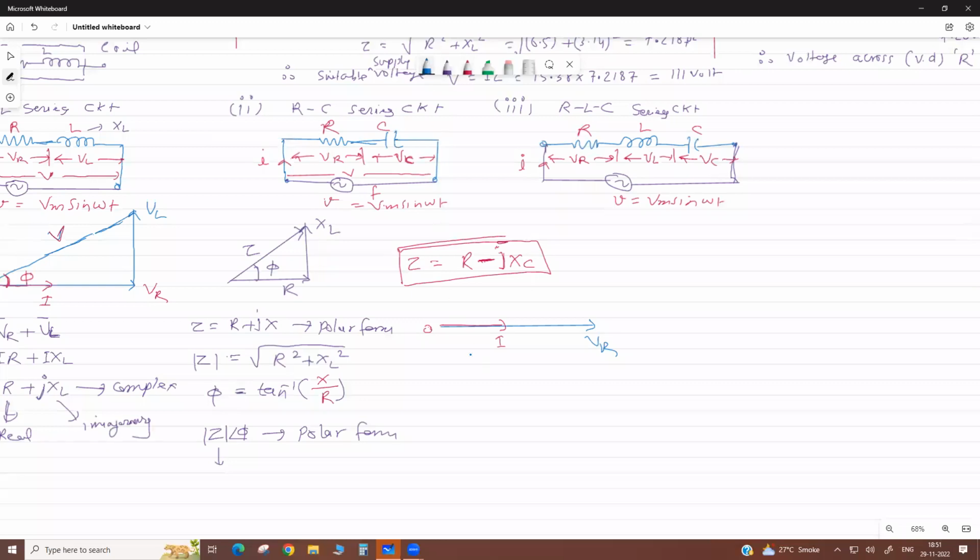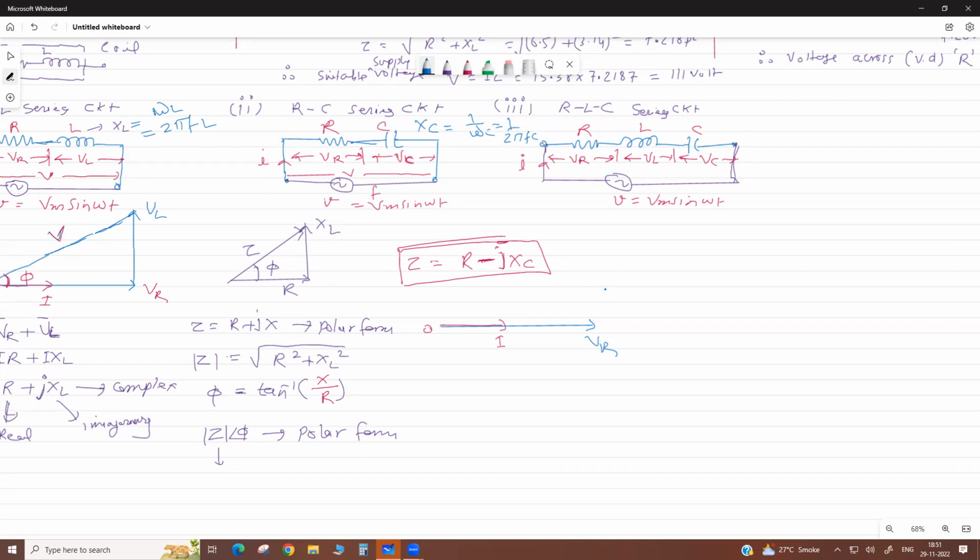Drop in resistance is always in phase with current, but for the drop in capacitive reactance, XC equals 1 by omega C, and XL equals omega L, where omega is the frequency in radians, 2 pi f. So XC is 1 by 2 pi fC, in ohms.